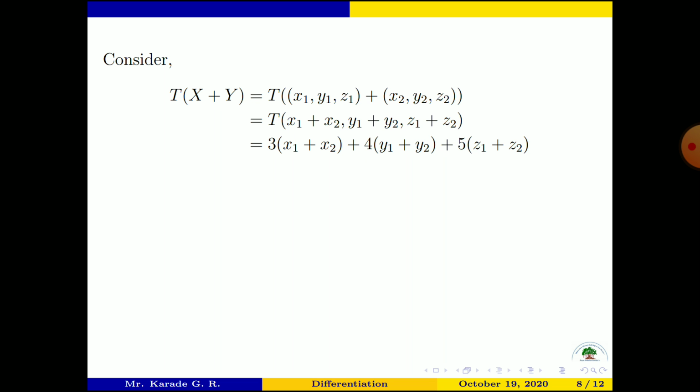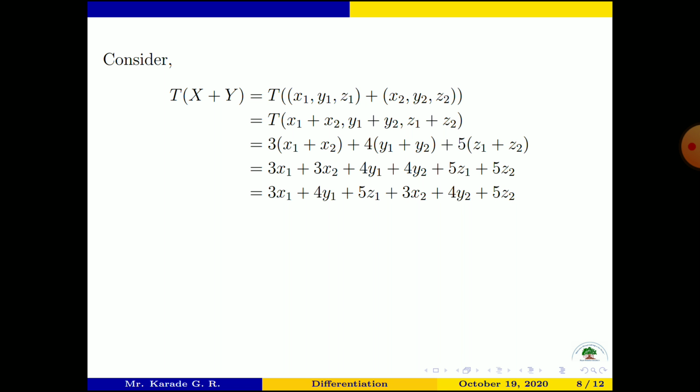Now, in the next step, we multiply 3 into the bracket, 4 into the bracket, and 5 into the bracket. So we get 3x1 plus 3x2 plus 4y1 plus 4y2 plus 5z1 plus 5z2.